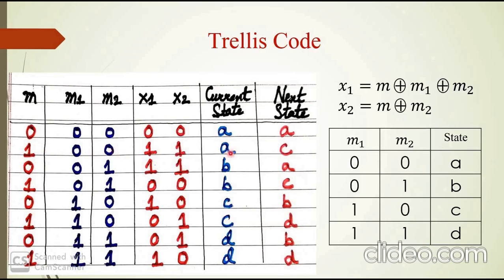So 0 0 means current state is A and current input is 1. So the next state will be 1 0. It means C. And now M1 M2 is 0 1 means current state is B and current bit M is 0. So the next state will be 0 0. It means A.